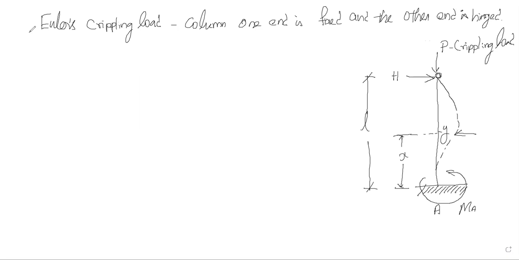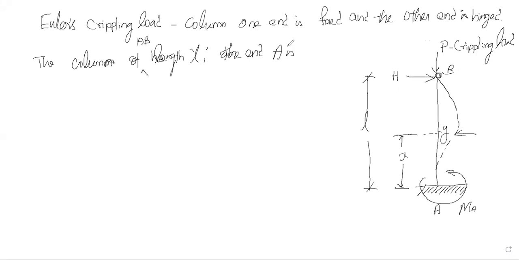Whatever content we have shared now, we have to write in the form of a written statement. The column AB of length L: the end A is fixed and the end B is hinged.